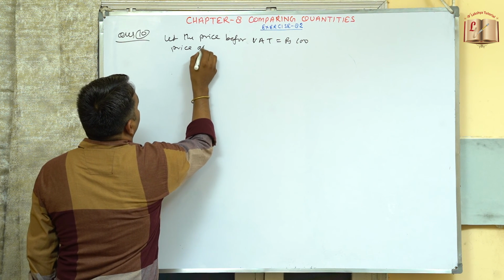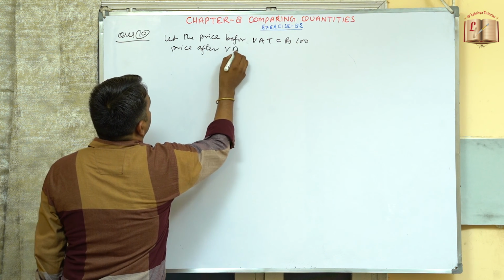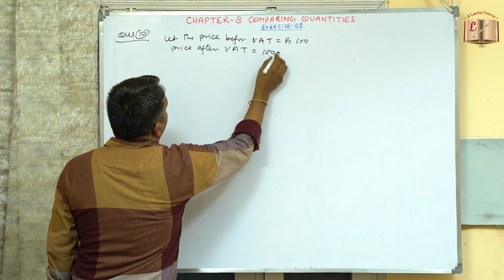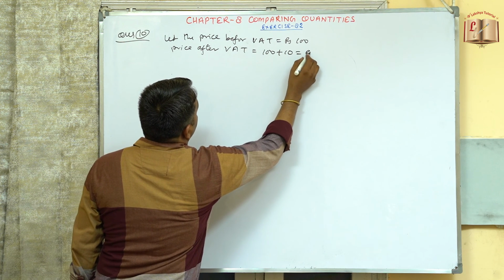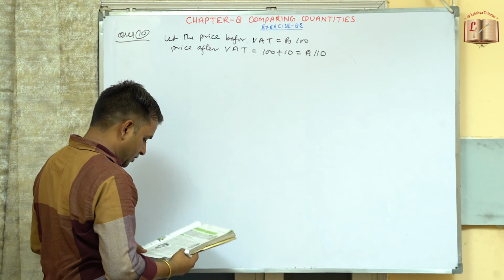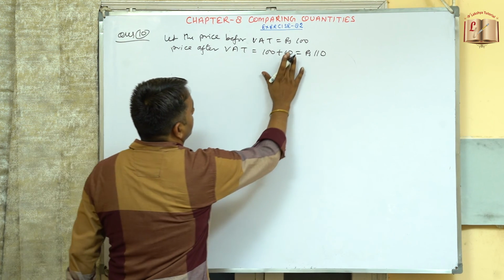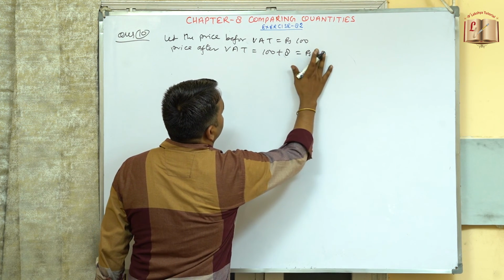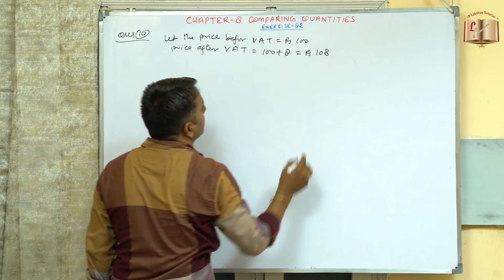So price after VAT will be equals to 100 plus 10 equals to rupees 110. Sorry, it is 8%. So it will be now 8. So this is now rupees 108.